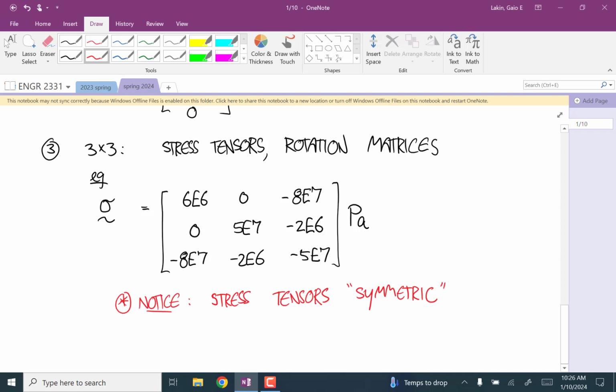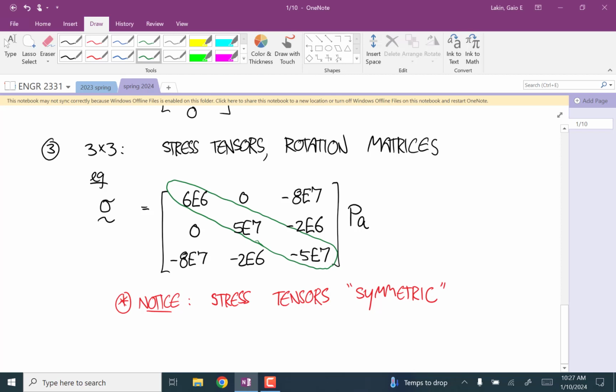So here's what symmetric means. If you sort of, as a reference, consider that diagonal going from the top left to the bottom right, okay?